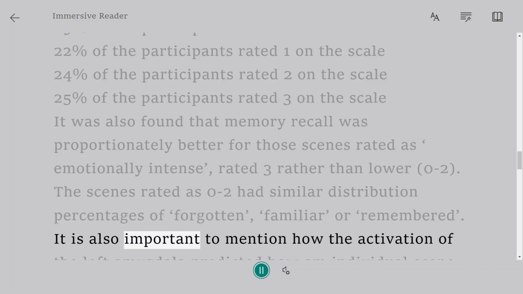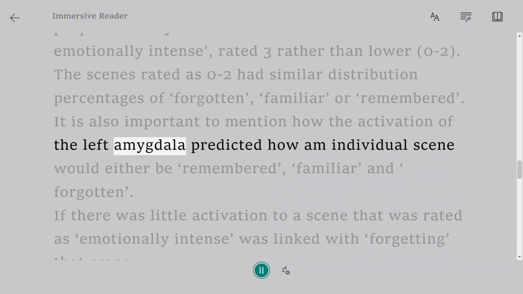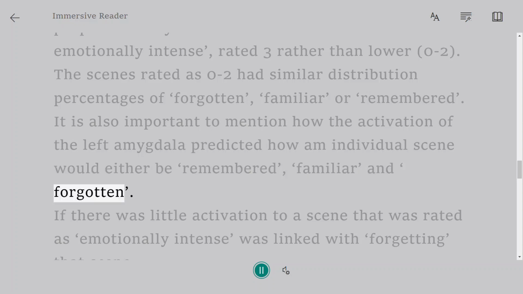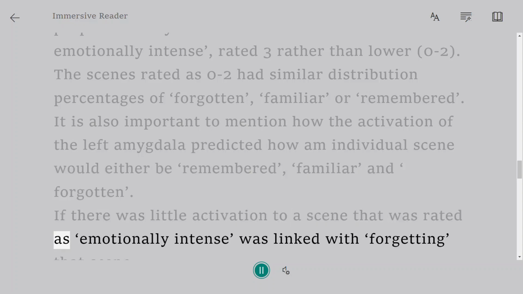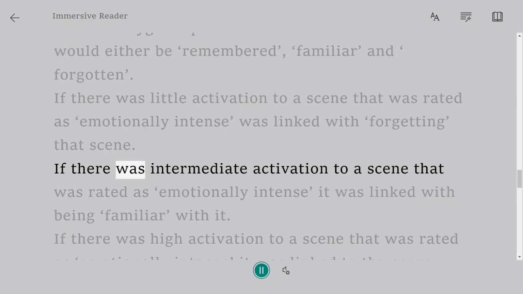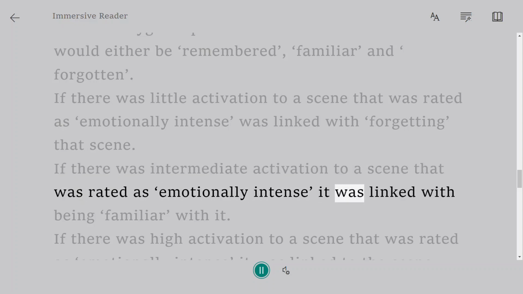It is also important to mention how the activation of the left amygdala predicted whether an individual scene would be remembered, familiar, or forgotten. Little activation to a scene that was rated as emotionally intense was linked with forgetting that scene. Intermediate activation was linked with the scene being familiar.